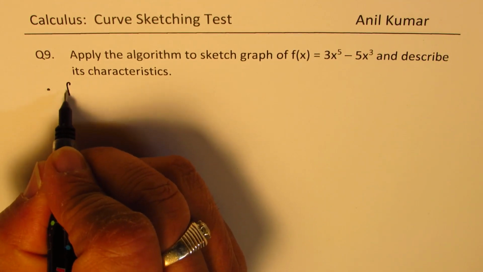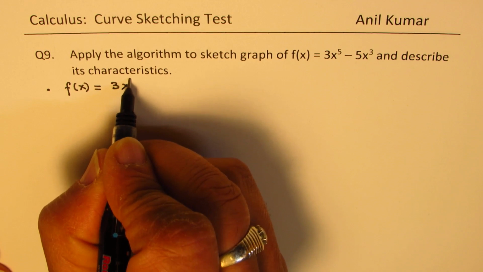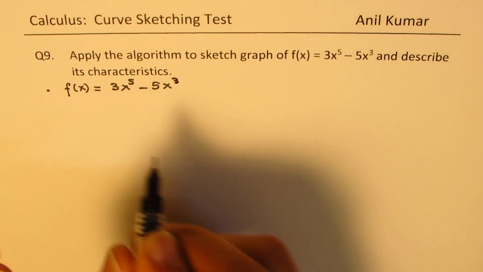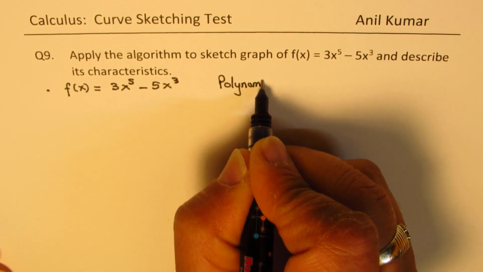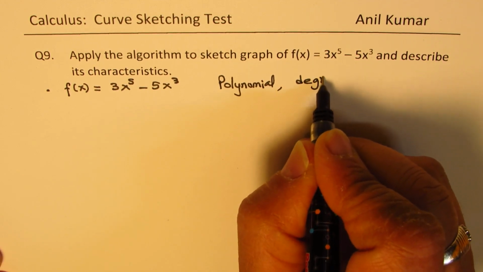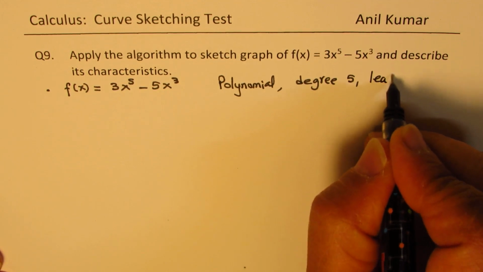So we know f of x is equal to 3x to the power of 5 minus 5x cubed. Now clearly this is a polynomial, right? Degree 5. Leading coefficient positive.